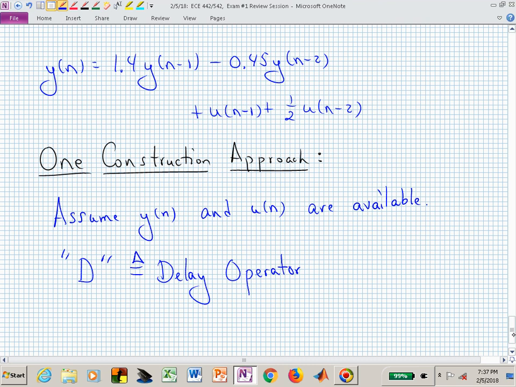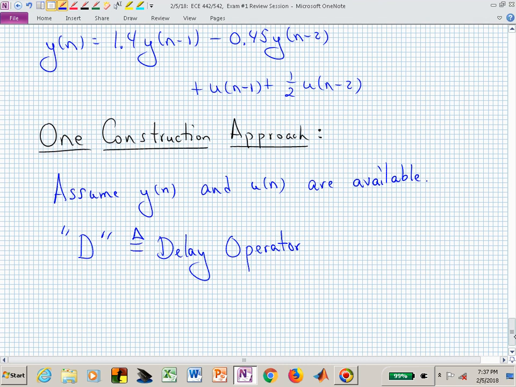Meaning, I wish I had a bigger screen, but I'm going to try this. y of n I have. That I'm going to keep on the left-hand side. But now, I'm going to delay 1.4 y of n, and that will give me 1.4 y of n minus 1.